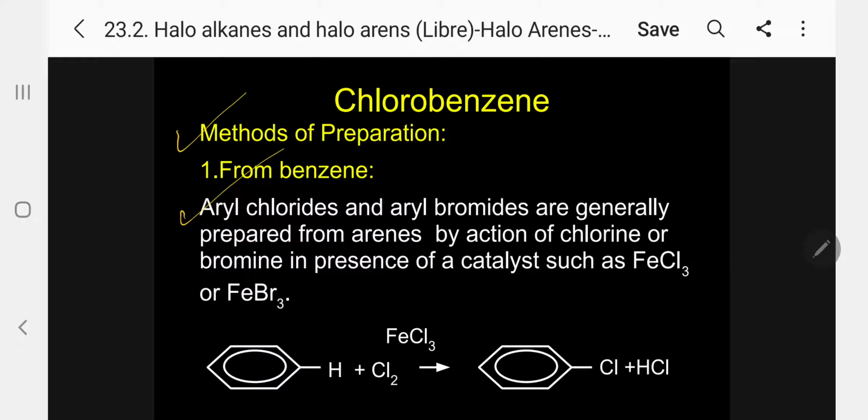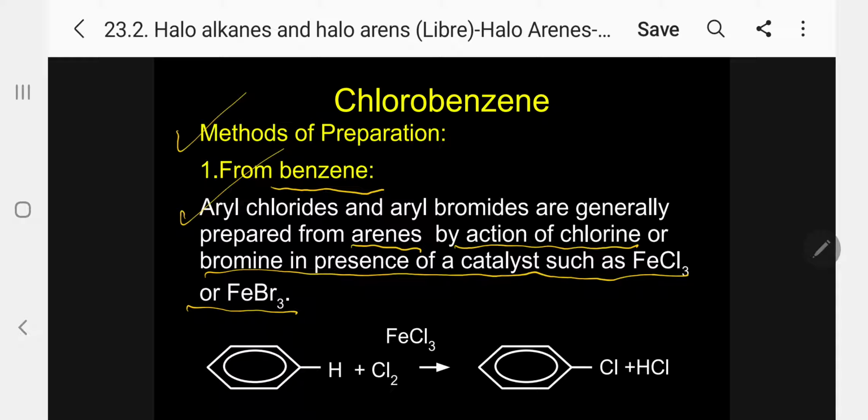Aryl chlorides and aryl bromides are generally prepared from arenes. Kindly follow, arenes, nothing but benzene, or the higher member, say toluene, like that. So in this case, chlorobenzene we can prepare from benzene by the action of chlorine or bromine in presence of catalysts such as ferric chloride or ferric bromide.